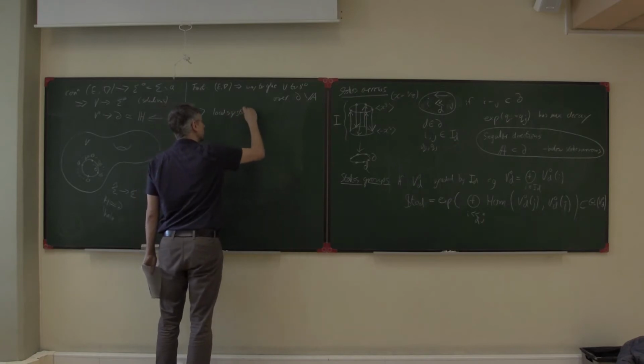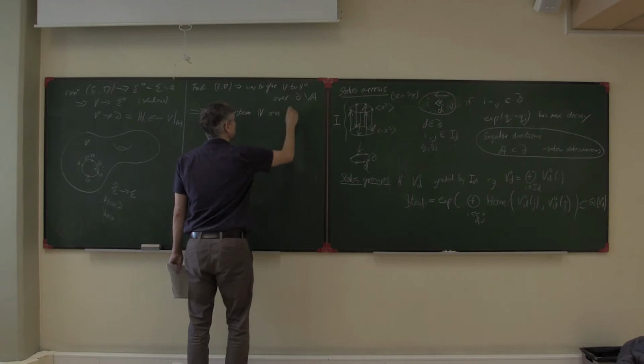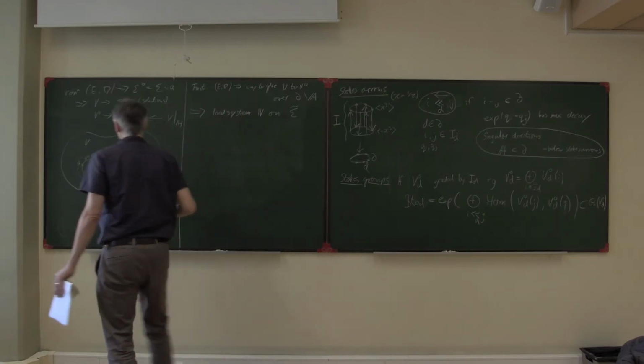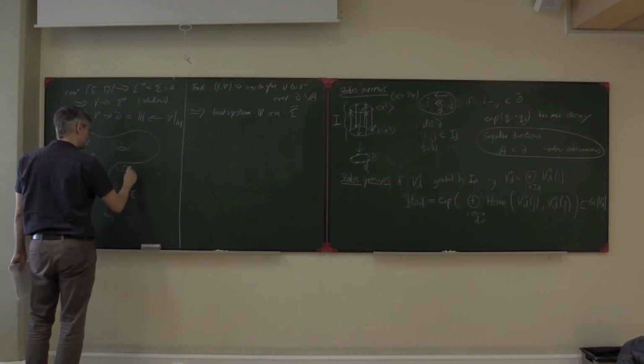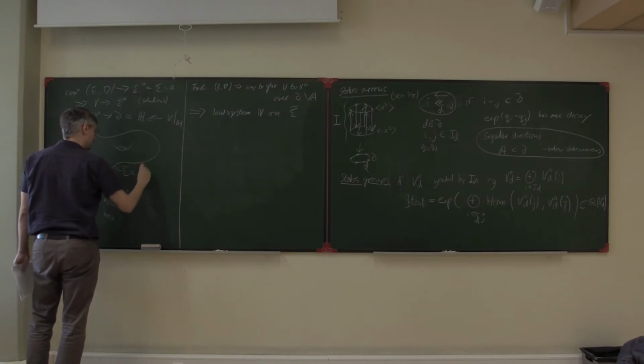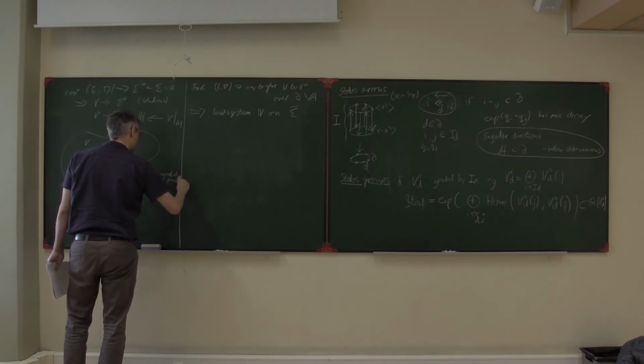So this gives us a local system, a bundle with flat connection, V on this curve sigma tilde, which is got by taking these tangential punctures. And so this curve is now sigma tilde, which is sigma hat minus the tangential punctures. And there's one of those for each singular direction.